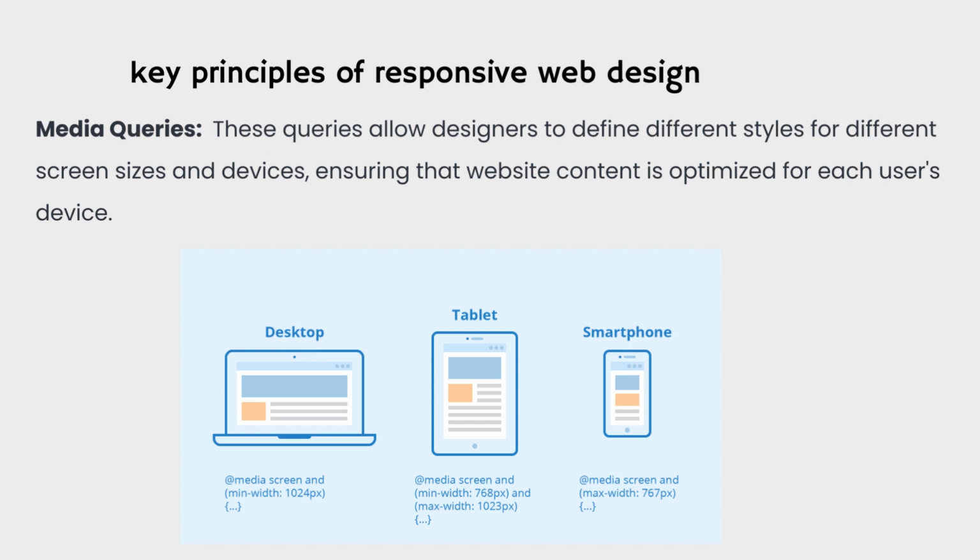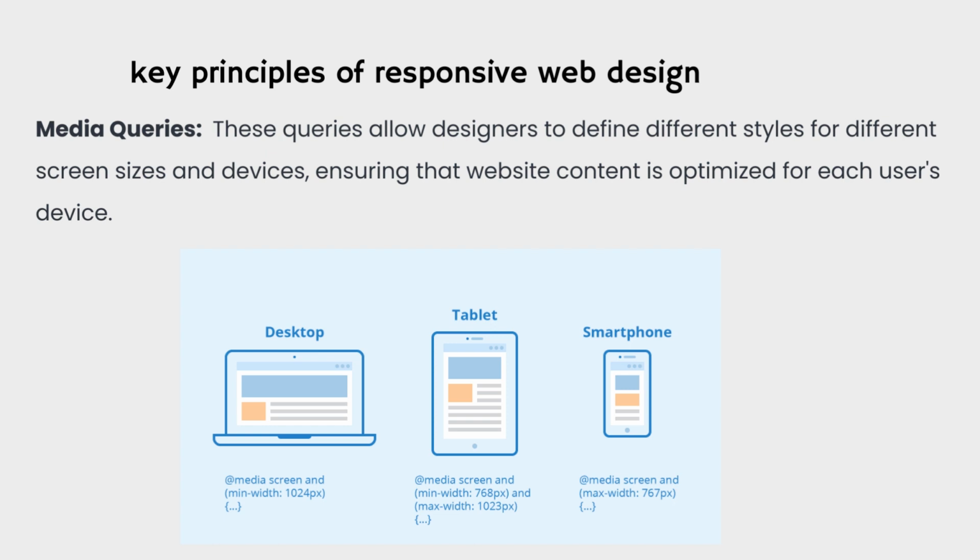So the content of the website being created will be accessed by people with smartphones, people with tablets, people with computers, people from different types of operating systems, different types of browsers, and all that.